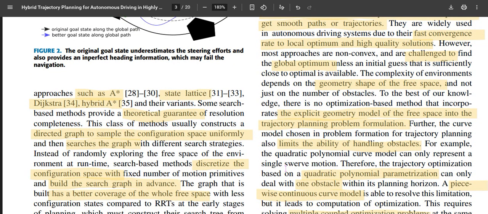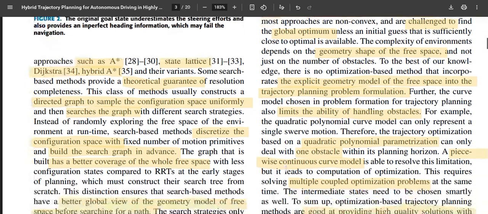But the challenge is that for constraints with complex geometry shapes, it's very hard to find the optimal solution. It may get stuck in local minima because of the high nonlinearity, and it also has very limited ability to handle tight-constraint obstacles.